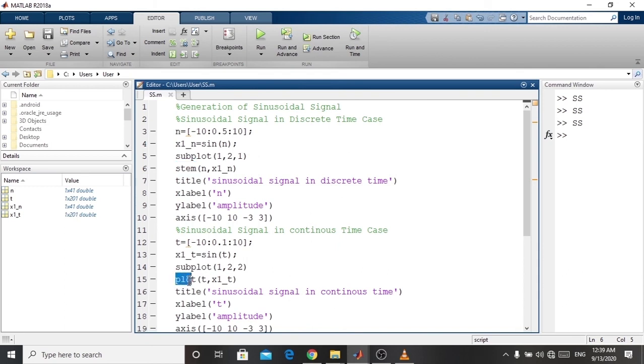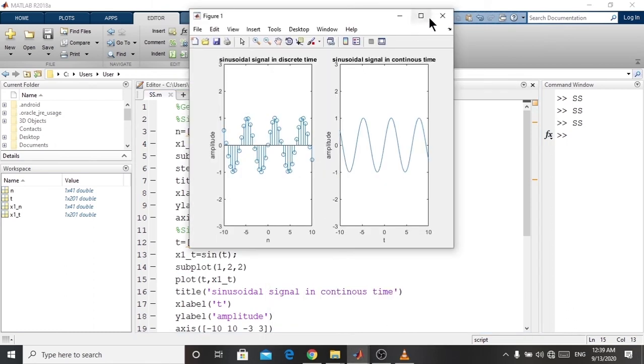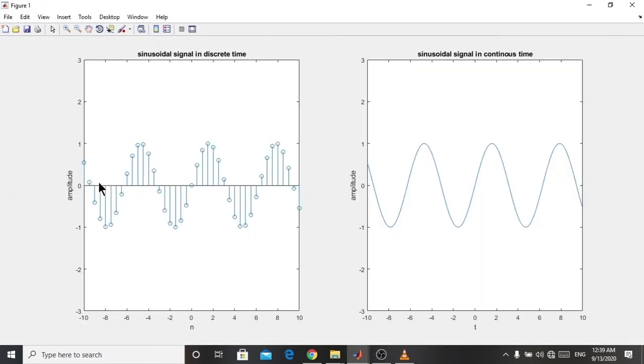Here you use plot for getting the sinusoidal signal in continuous time case. Sinusoidal signal in discrete time case will look like this, and sinusoidal signal in continuous time case will look like this. Hope you understand the generation of sinusoidal signal in discrete time and in continuous time.